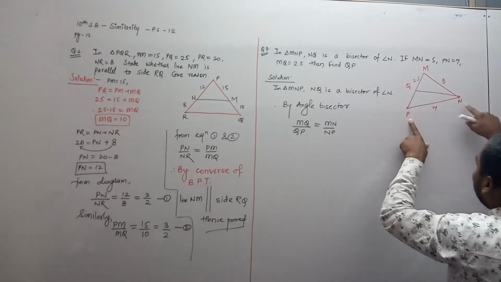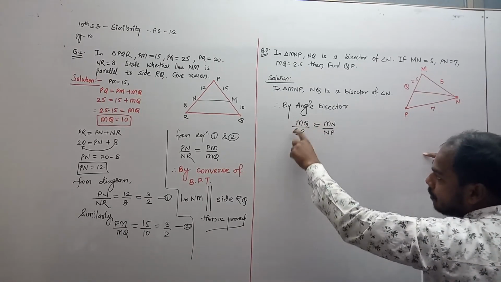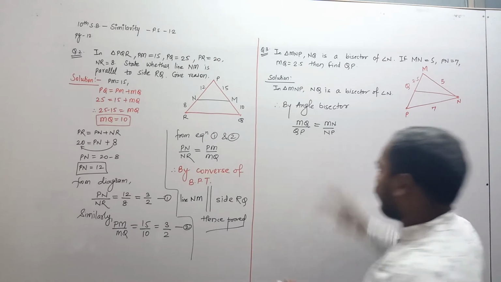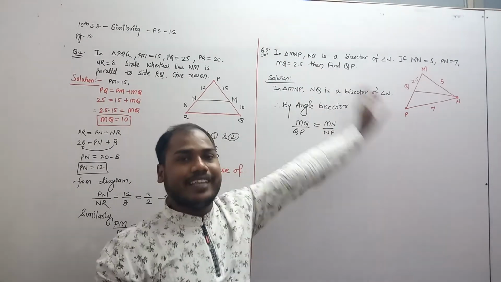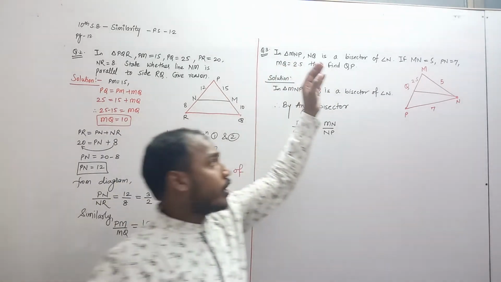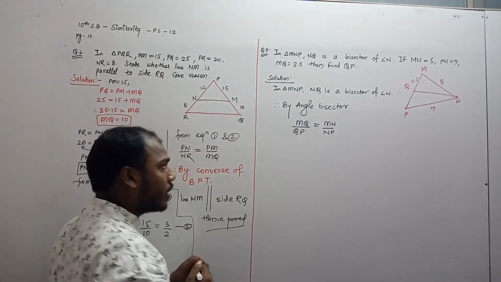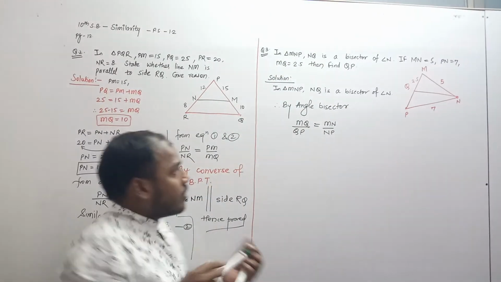If I write PN divided by NM equal to MQ divided by QP, that becomes wrong. We have to start both ratios from the same point, and here it is point M.